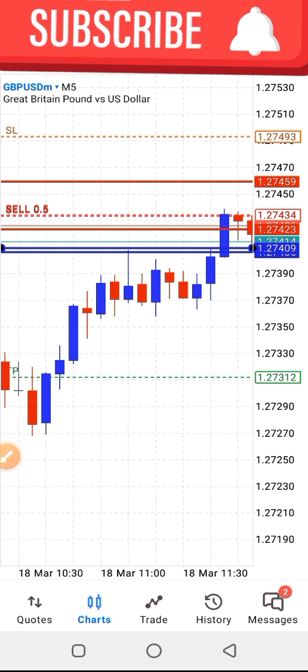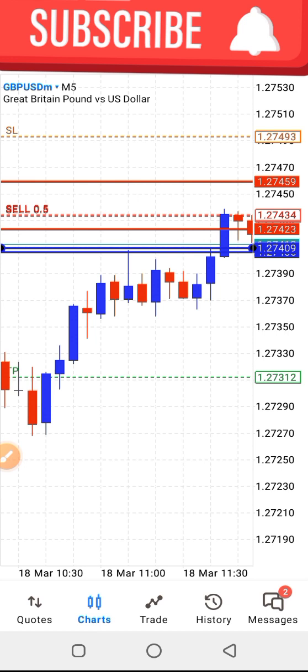Then the third criteria is that the market must have some kind of pause. It must not approach the level back aggressively, because an aggressive approach is tantamount to the zone being disrespected. If you just have an aggressive move towards the zone, there's a high chance that the zone will be disrespected and the aggressive move will just go past the zone.